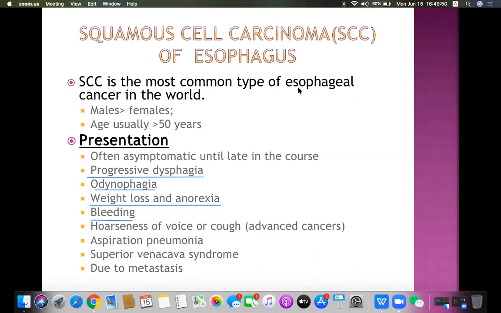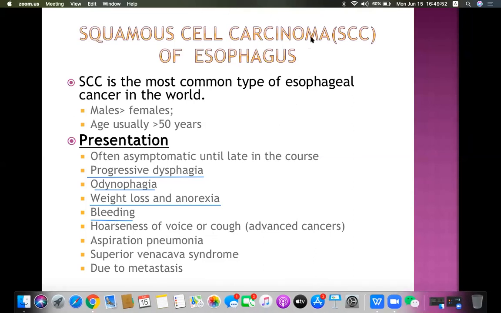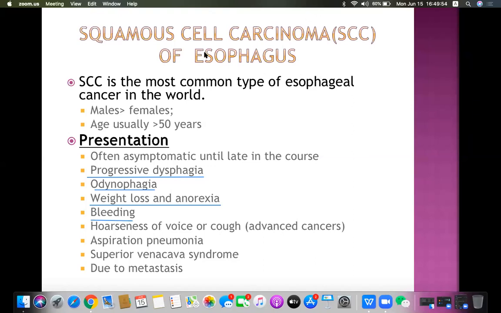This is a feature of involvement of the larynx, or you can say involvement of the recurrent laryngeal nerve. And cough, because cough receptors are present everywhere in our airway. So cough is an important feature in advanced cancer. Advanced means when it is infiltrating the nearby area.